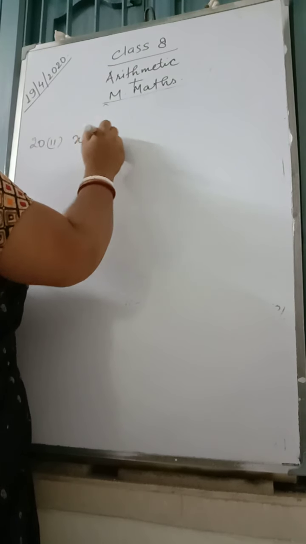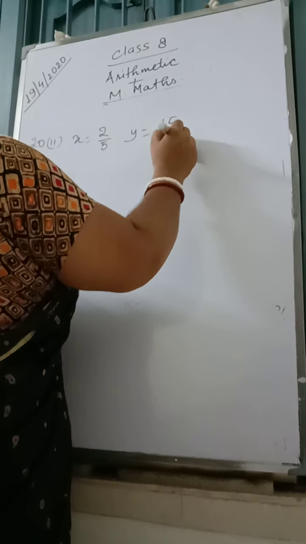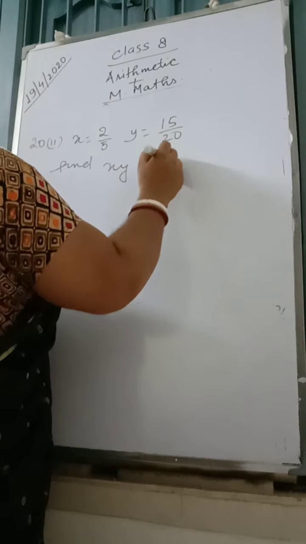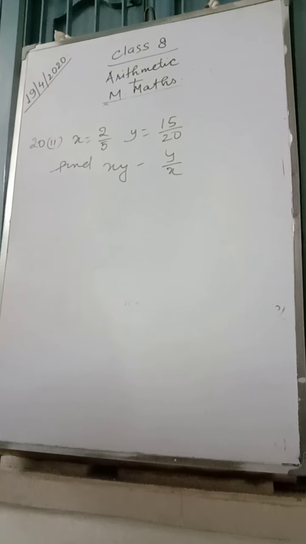X is equal to 2 by 5. Y is equal to 15 by 20. Find xy minus y by x. Now what we have to do? We have to place the value of xy and y by x. Is it? Just see, after placing the values, what do we get?